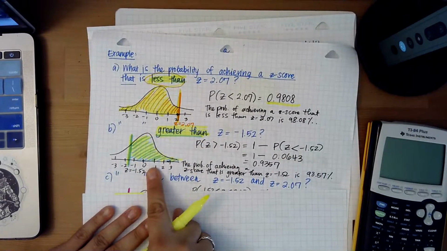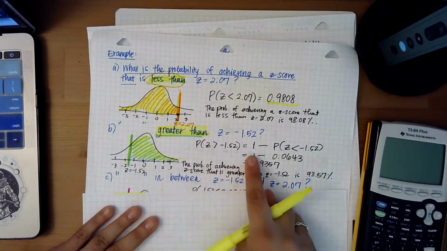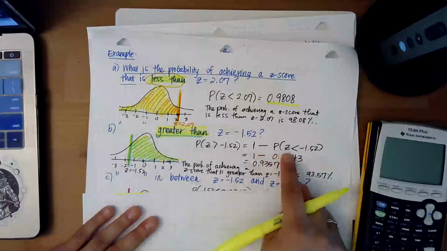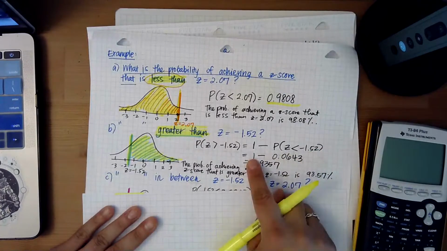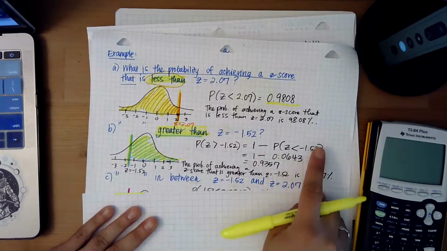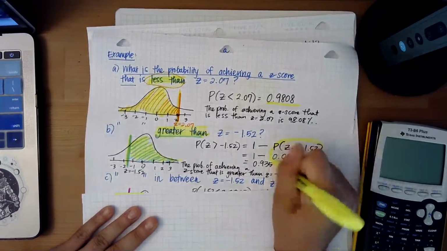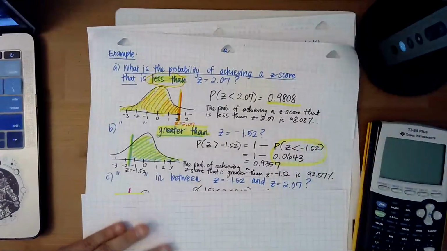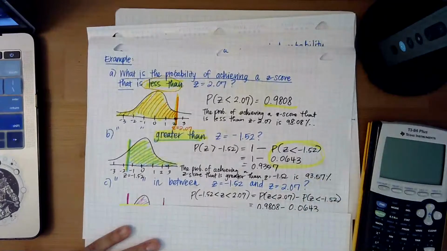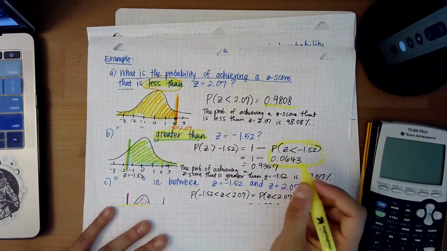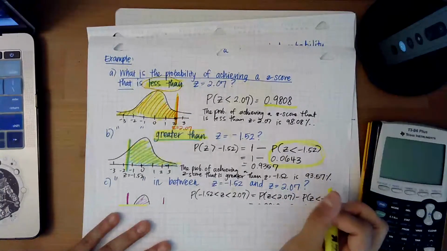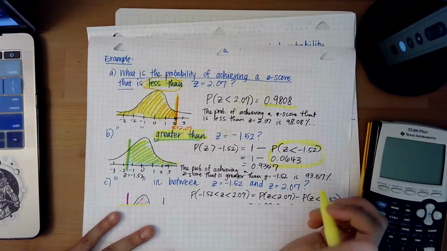So because it's greater, it's a right-handed analysis, which means I must take 1 minus the left-handed analysis of that z-value. That's going to give me 1 minus 0.0643. You find this value here in the book, on the table. So that's going to give me 0.9357. So the probability of achieving a z-score that is greater than negative 1.52 is 93.57%.